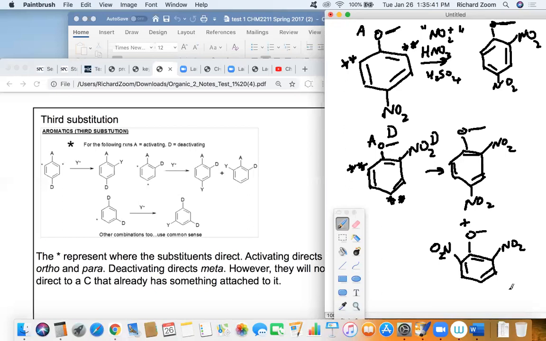Anybody got any questions? NO2 is deactivating. Yes. It would give us only the meta position to the NO2 group, yes.